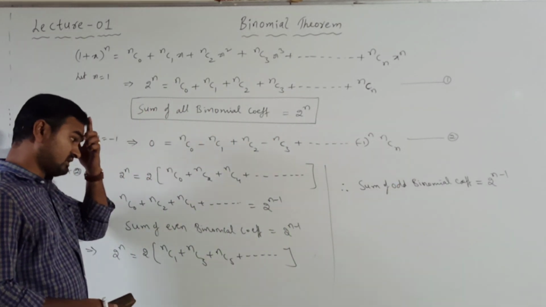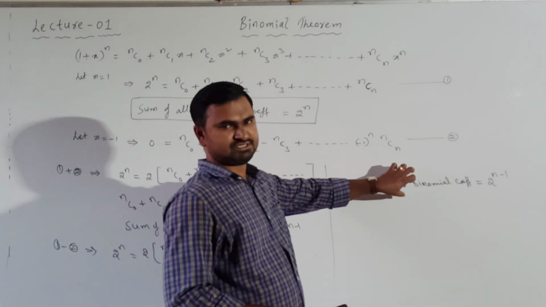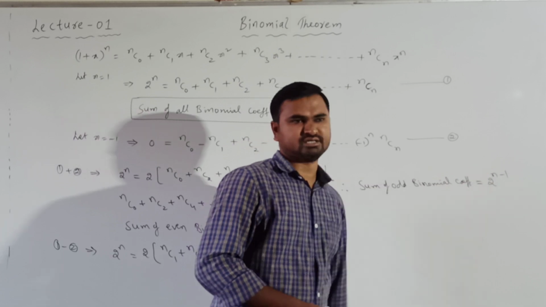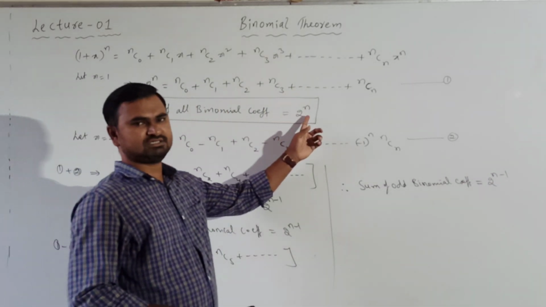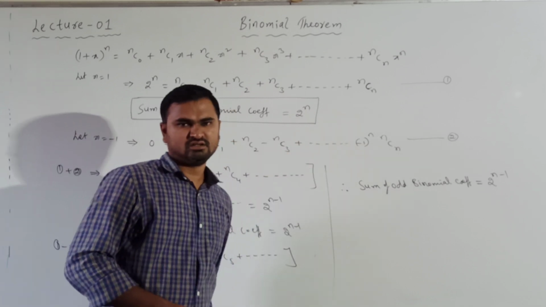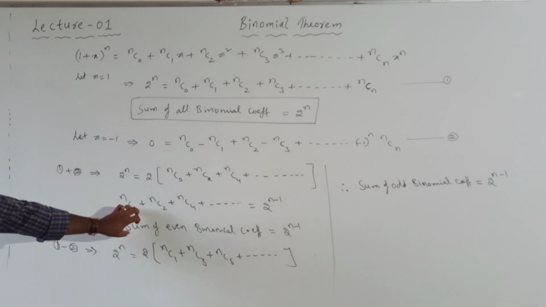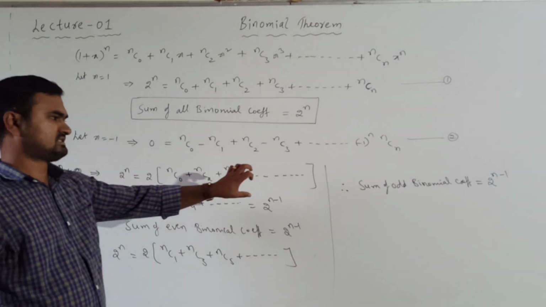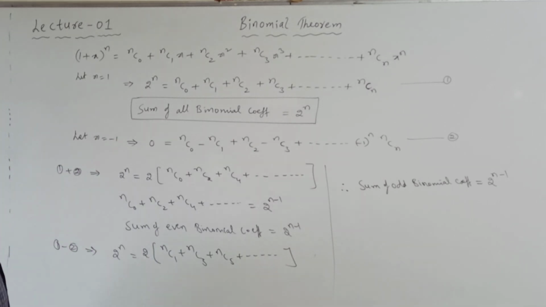And if I take the sum of all the coefficients, it is 2 power n. So this is the sum of the binomial coefficients, the sum of even binomial coefficients, and the sum of odd binomial coefficients.